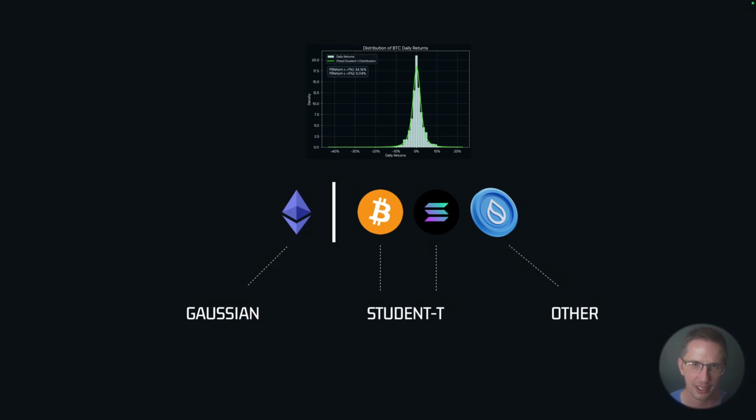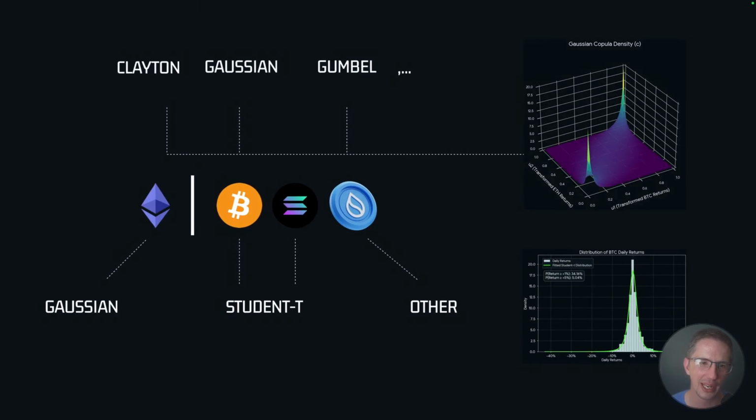Bitcoin and Solana maybe student T, and Sui some other, maybe empirical, whatever. The point is that they're all going to follow their own distributions and density functions. And also, the relationship between them might not just be a normal relationship. It might not be a Gaussian copula or Pearson's correlation coefficient that explains the relationship between all of them either.